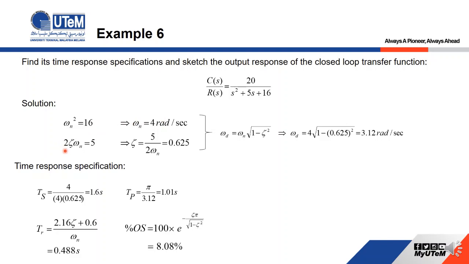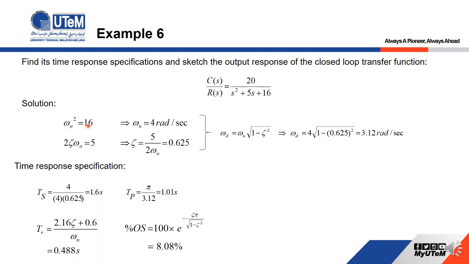Based on this formula, 2 zeta omega n equal to 5, so we can calculate zeta because we already know omega n. Putting in the value we calculated before, zeta is equal to 0.625.